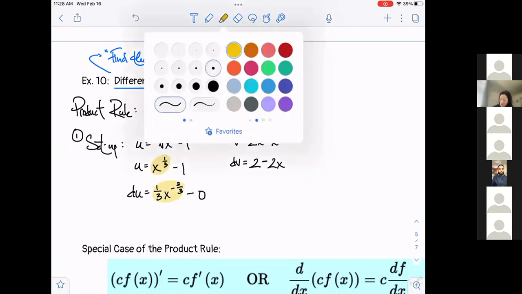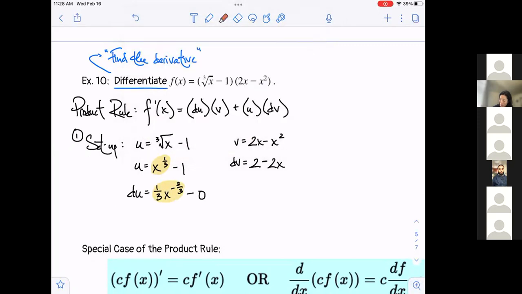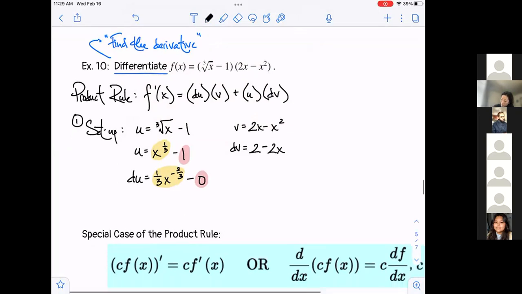But sum and difference rule says that we can just write down the sign in between and then take the derivative of 1. 1 is just a constant, so that derivative is 0. Just for some good practice, if I were to write this as a single fraction, I would get 1/3 times the cube root of x squared.